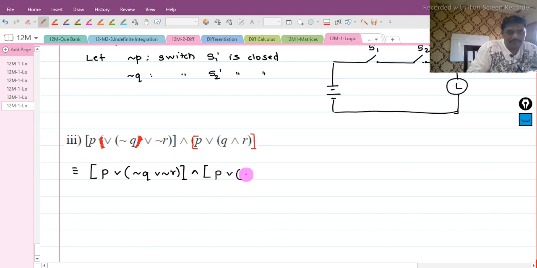P और Q and R. वेल इस तरह का गिवन स्टेटमेंट है. बट व्हाट आई सी हियर इज ये जो P और है, इस P और को मैं कॉमन लूंगा और इसे कहेंगे डिस्ट्रीब्यूटिव लॉ. We'll call this as distributive law.